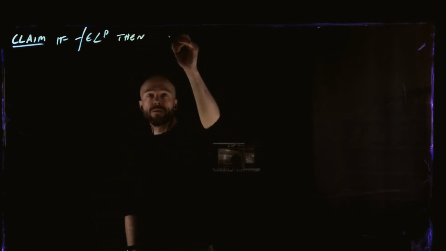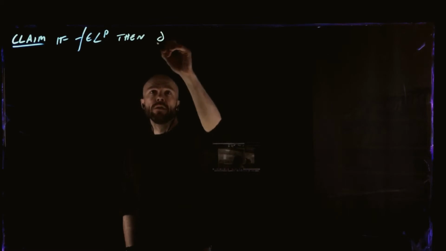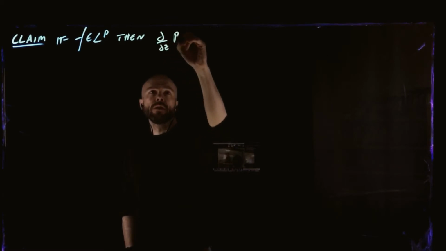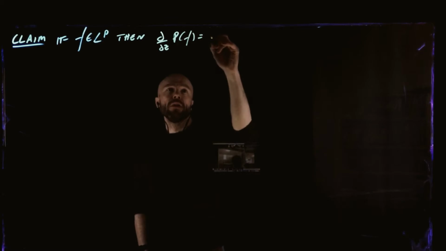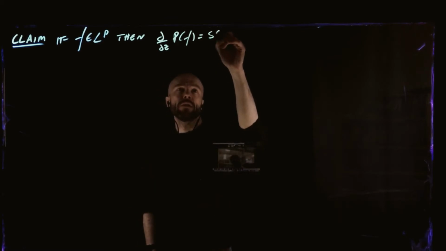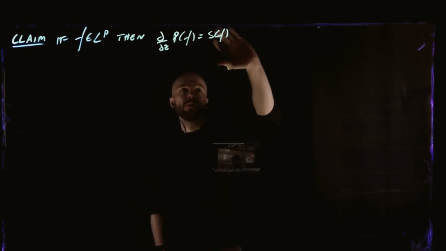So if f belongs to L^p, then we have these identities that we want. So if we do d by dz of P of f, we will end up with this thing right here.